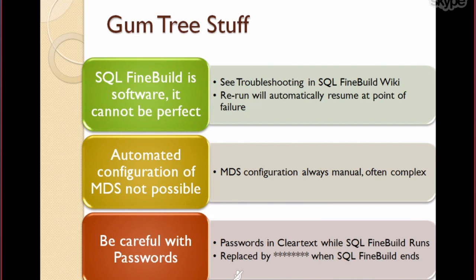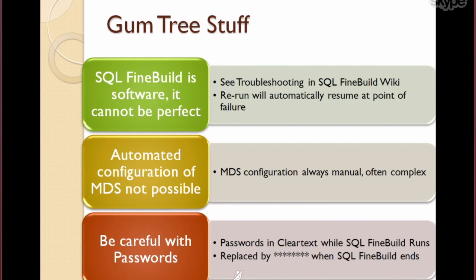The configuration report would show you various error messages if anything nasty was found, but there will be some things that have slipped through. If FineBuild fails partway through, there's a troubleshooting section in the wiki. If you Google FineBuild troubleshooting, you'll find it.